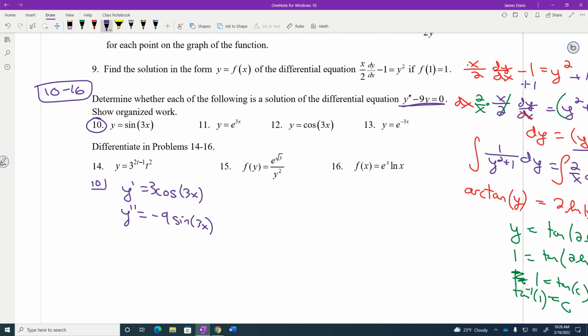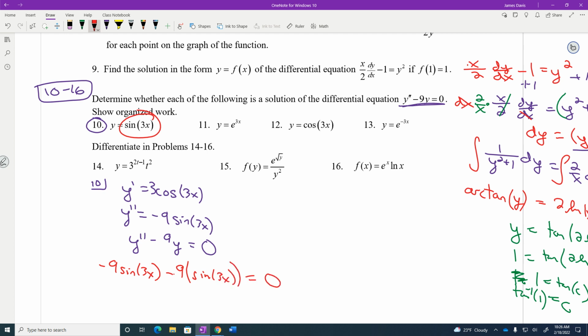And then the differential equation is y double prime minus 9y equals 0. So we're going to replace y double prime with negative 9 sine of 3x minus 9 times y, which we use the original y there, which is the sine of 3x.